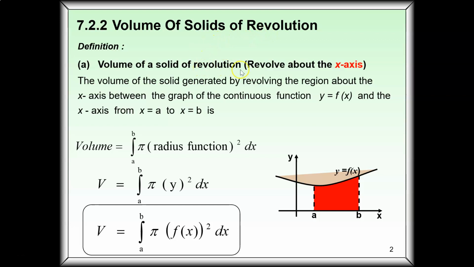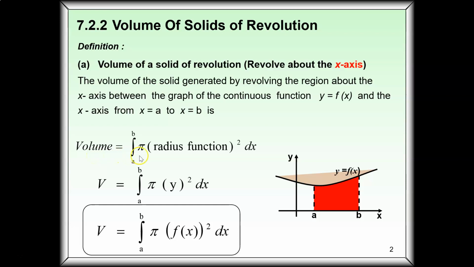When we have volume, you're going to revolve a solid of revolution about the x-axis as well as the y-axis. It's quite similar with the previous one. For the area, you have x-axis and y-axis. It's only that the formula is a bit different since we have pi over here because this is volume.